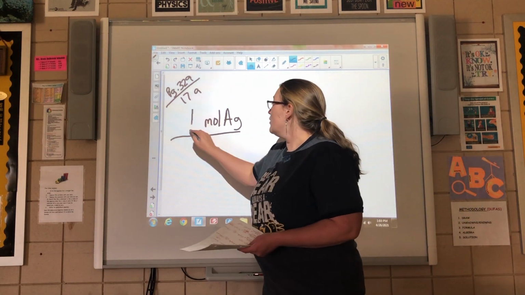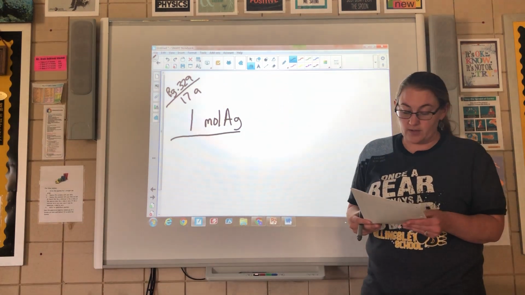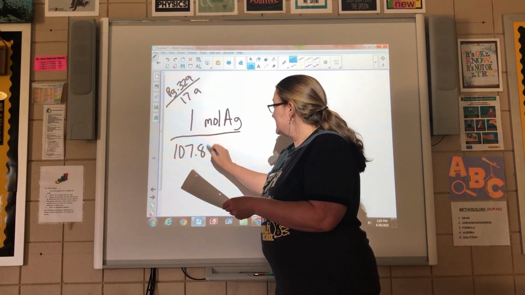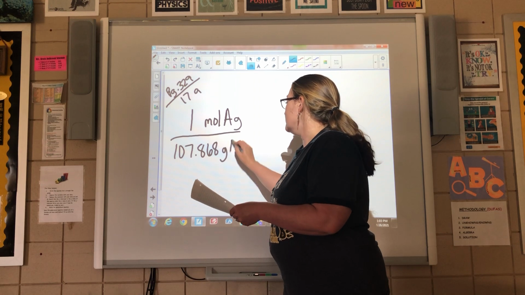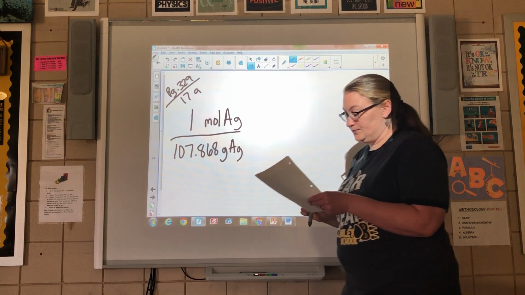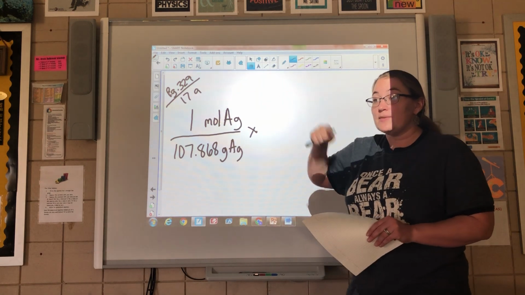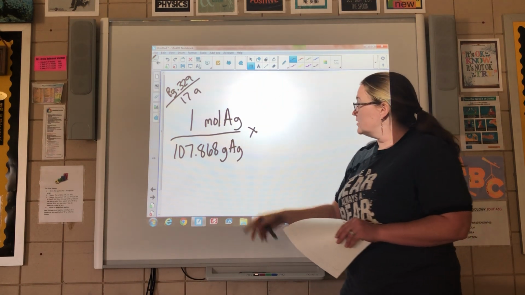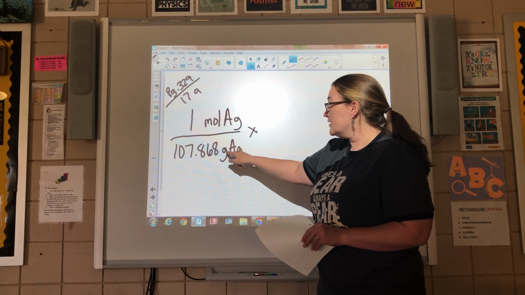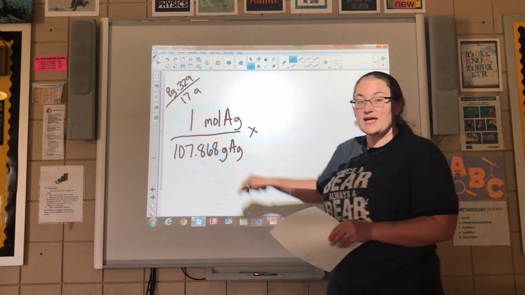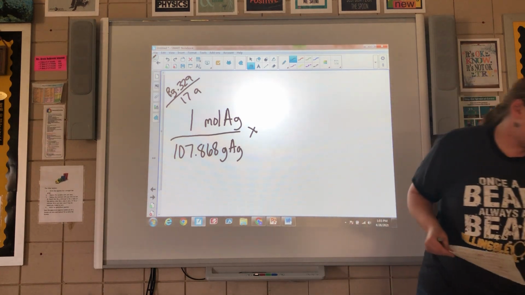So we know that in 1 mole of silver, if we look at the periodic table, there's 107.868 grams of silver. That's what we need our answer in, because it says determine the number of moles. This is our equality here, or our conversion factor, grams of silver. So we need to cancel out somehow this grams of silver.